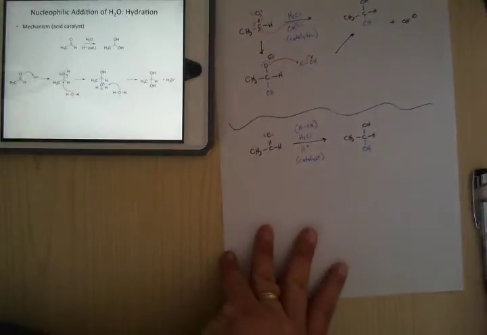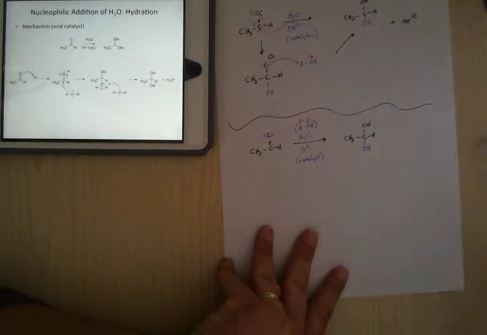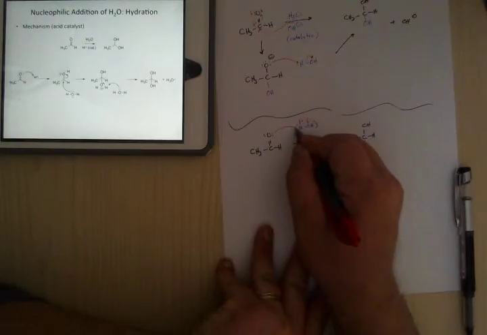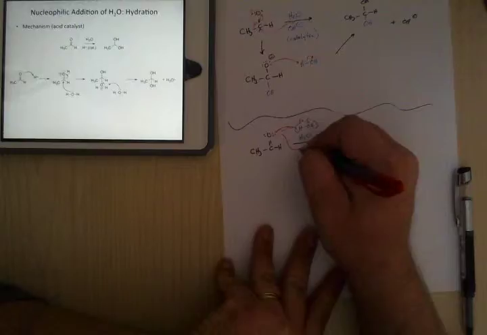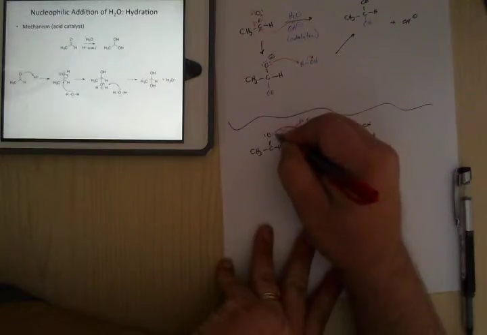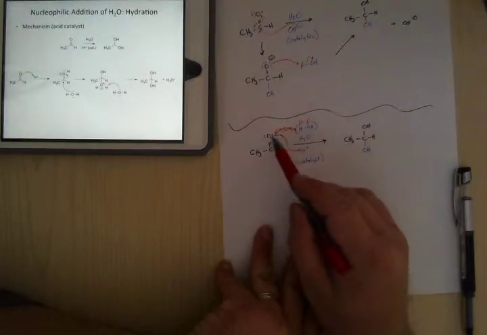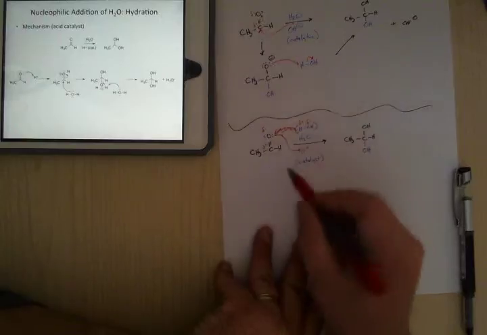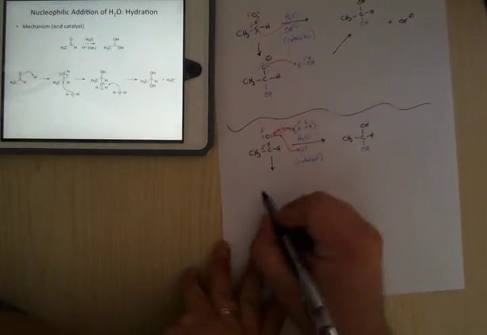And so here, you're going to turn things around a little bit, because now here is the positive charge and here's the negative. This is attracted to that. Okay, we can have positive charges around, right? So this is going to have negative character, and that negative character is going to attack that to make this.